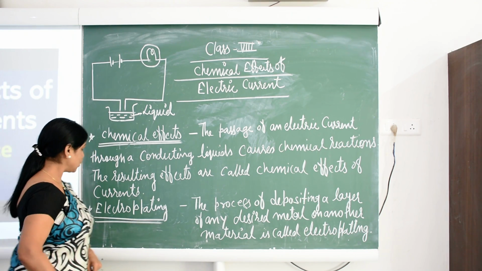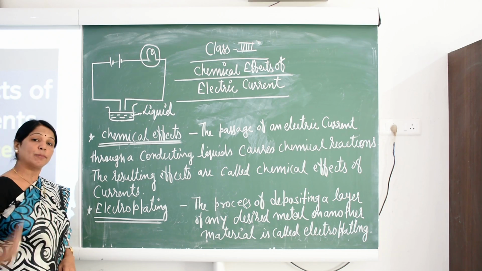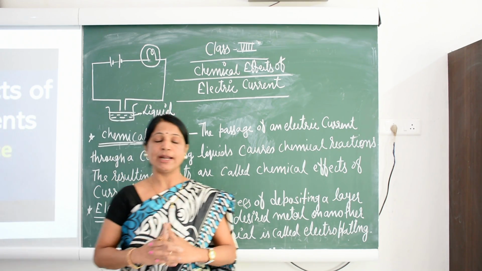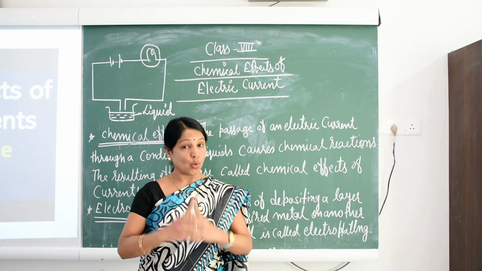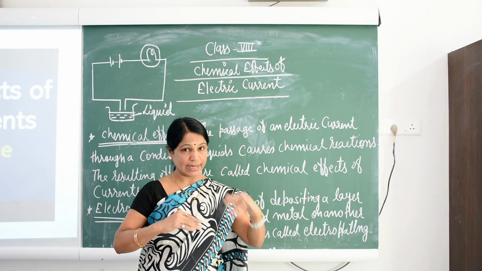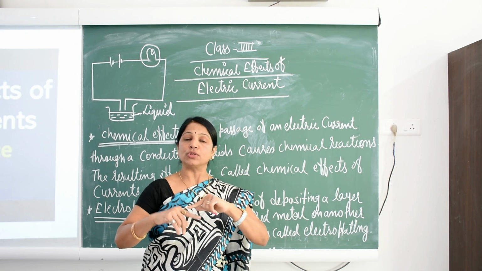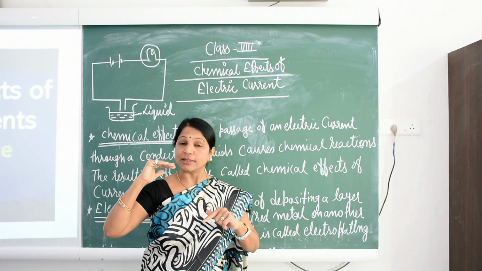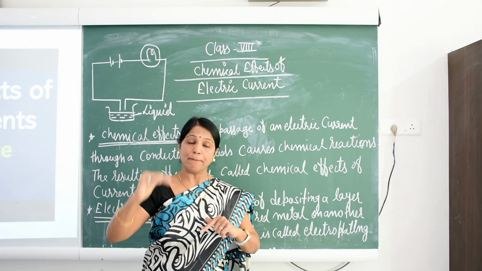Now further we are proceeding towards electroplating. What do you mean by electroplating? Electroplating means coating a layer of one metal onto another layer, either a metal, a substance, or a material.